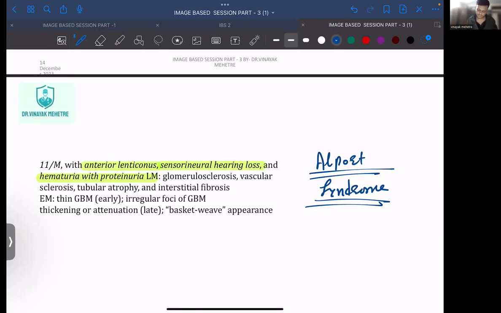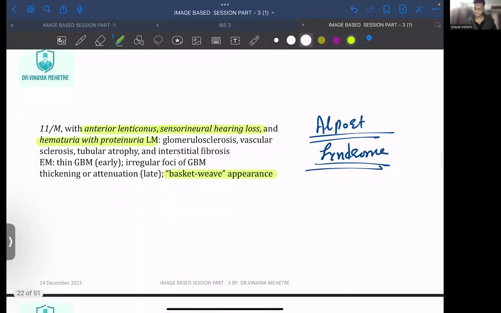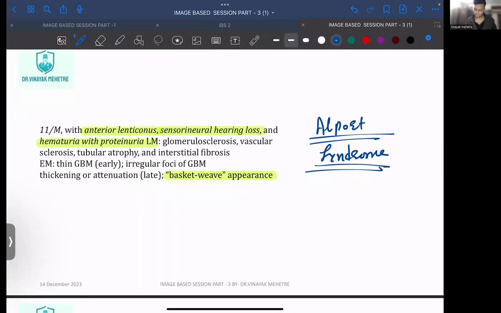And which appearance do we see in this? That is basket wave appearance. Okay. Which type of collagen is defective over here? Anyone?